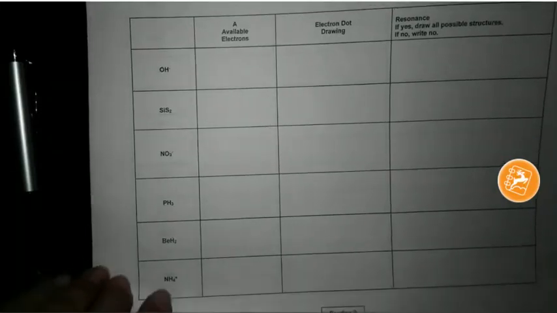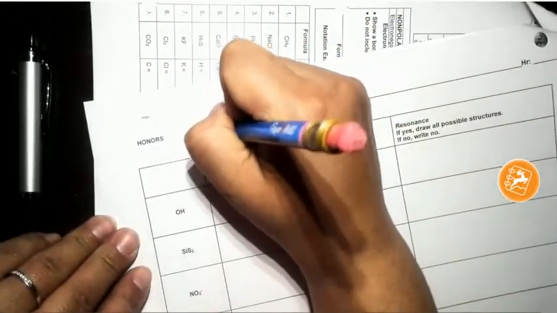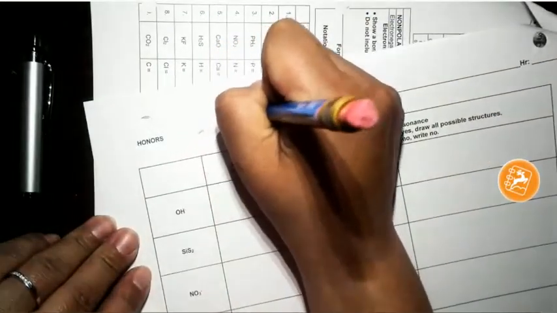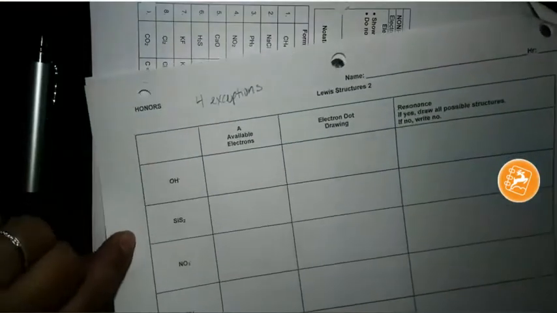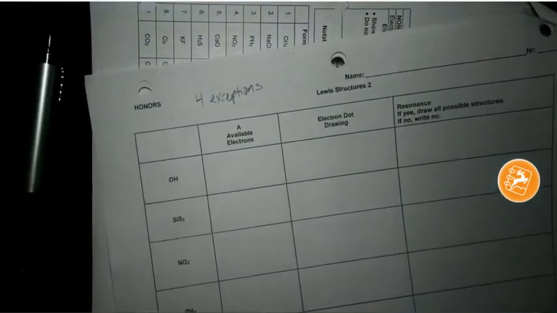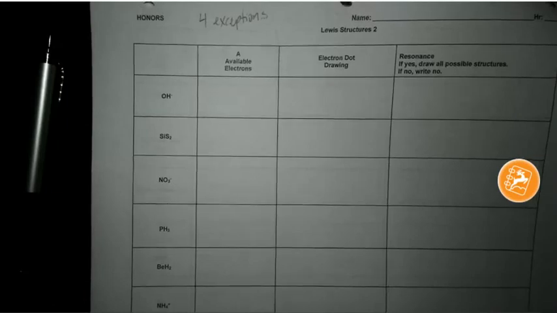So on this homework assignment, there are 4 exceptions. 1 on the front and 3 on the back. Some of these have resonance. You won't know until you draw them. Some of these are polyatomic ions, which means you need brackets and charge.